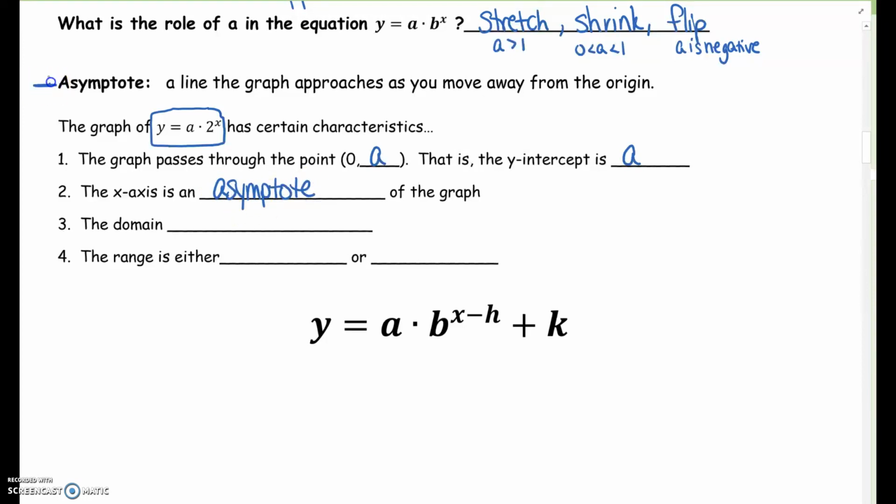And here's the definition for asymptote written right above that. The domain is always going to be all real numbers. And remember, you can write the word all and then the capital R with a double stem. That means real numbers.